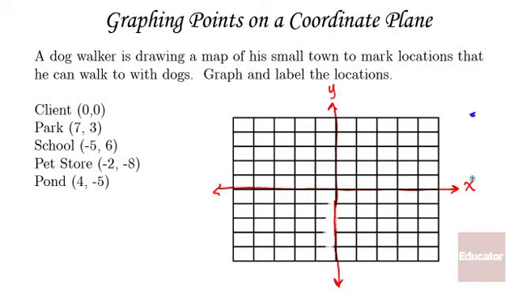And x and y. Now, the client lives at 0, 0. The park is at 7, 3. So I'm going to divide these up into halves.